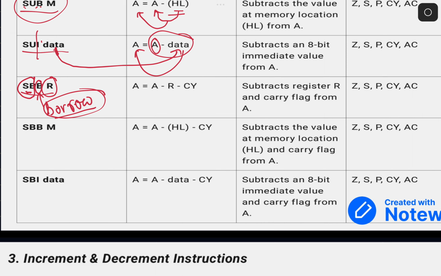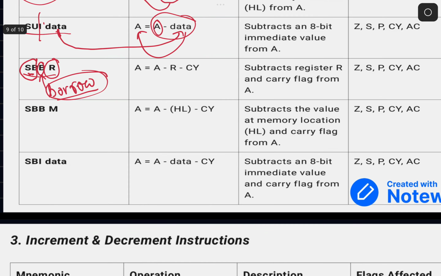Since there is no dedicated borrow flag, this borrow will use the carry flag. So instead of just subtracting the content of the register from the content of the accumulator, we have to take care of the carry flag also, since this instruction talks about the borrow also.